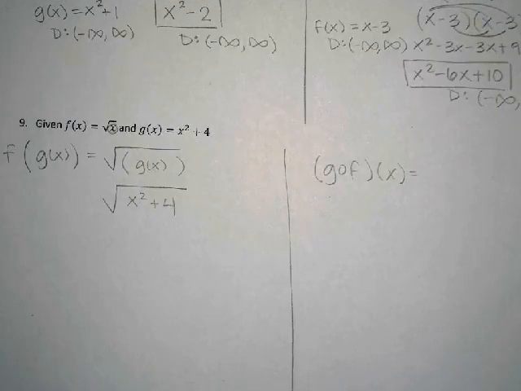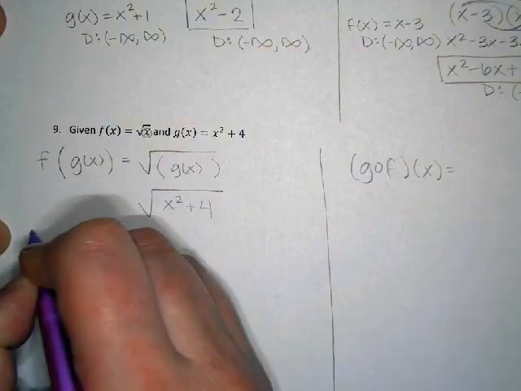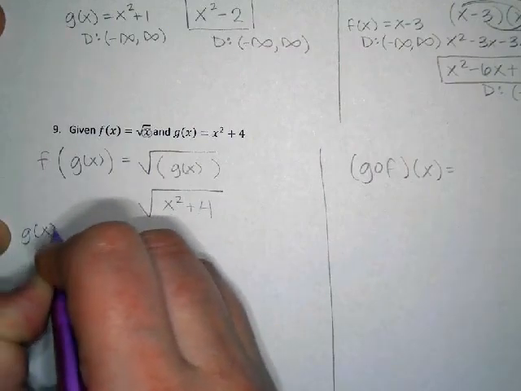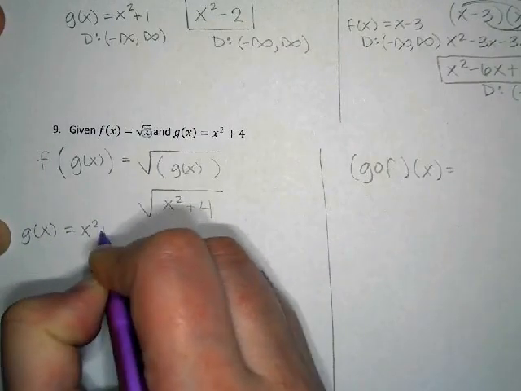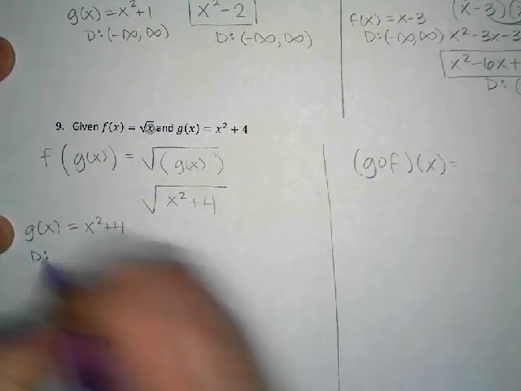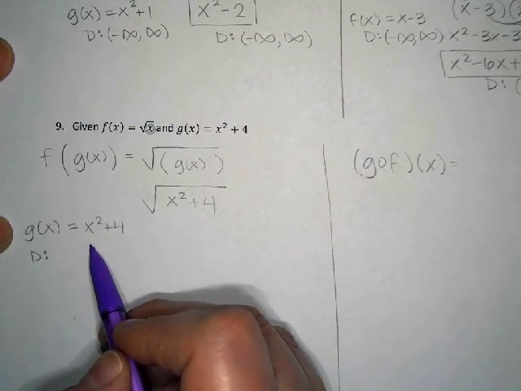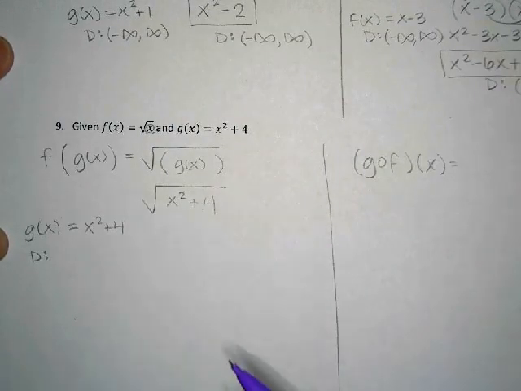All right, so let's look at our input. Our input was g of x, which is x squared plus 4. The domain of our input is what? It's a quadratic function. That's a U-shaped graph. What's the domain of a U-shaped graph? Negative infinity to positive infinity. So all real numbers is what we plugged into this function.